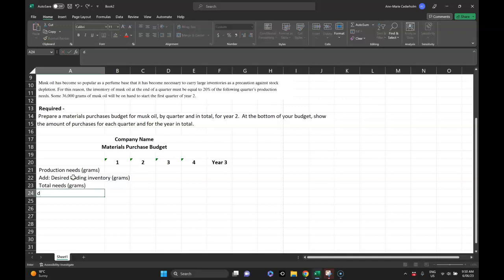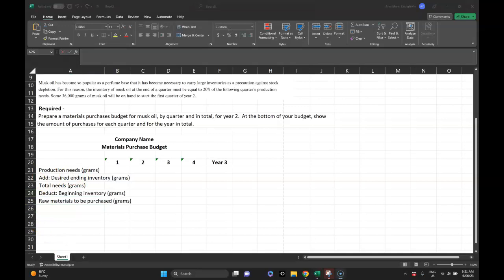And if we subtract out our beginning inventory, then that's going to give us raw materials to be purchased in grams.